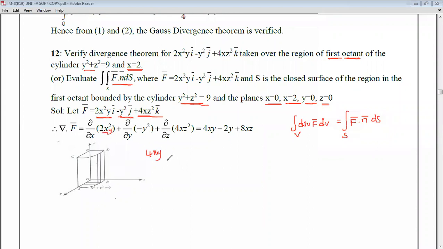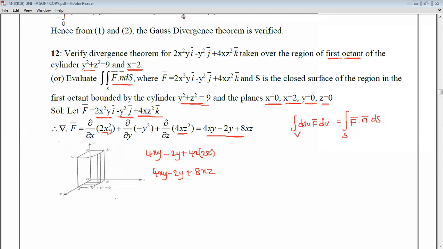And dou by dou y of minus y square is minus 2y. And dou by dou z of 4x z square is 4x into 2z. So after applying the dot product, we got 4xy minus 2y plus 8xz.